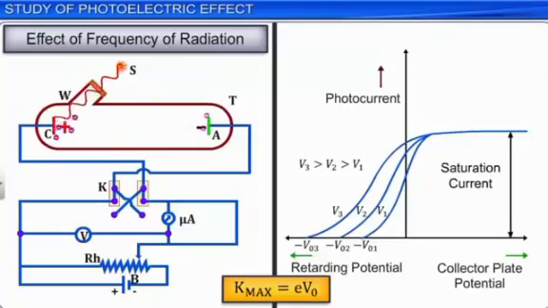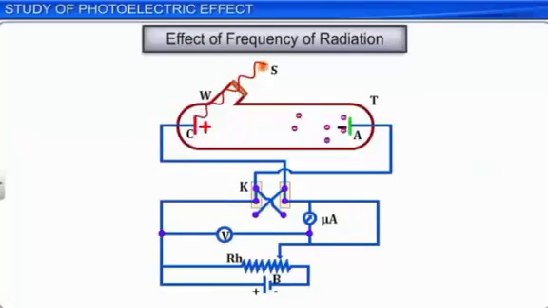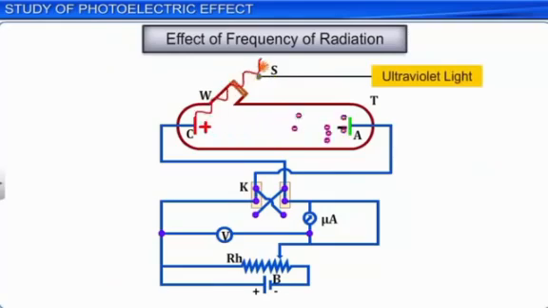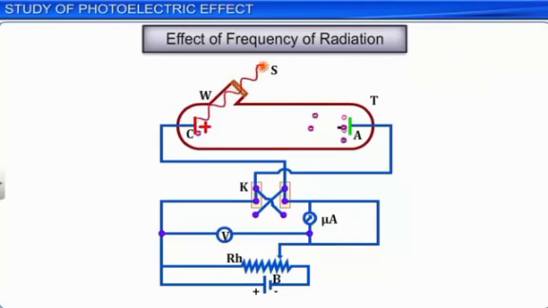But the maximum kinetic energy is independent of the intensity of radiation. It is observed that for copper, ultraviolet radiation can produce the photoelectric effect, but radiation of lower frequencies like green or red does not cause photoelectric emission.